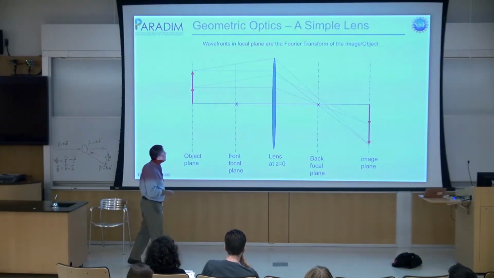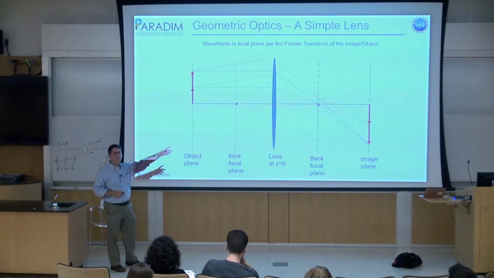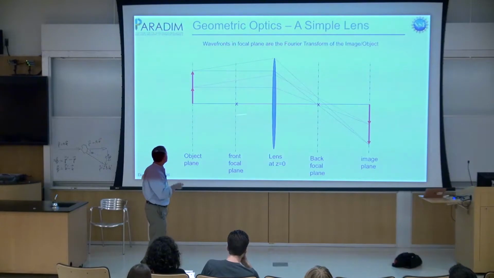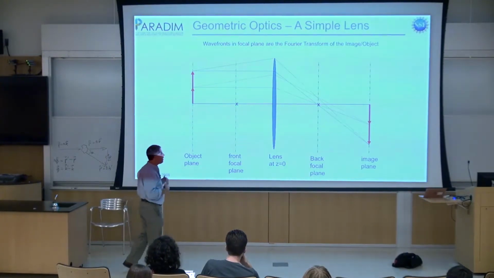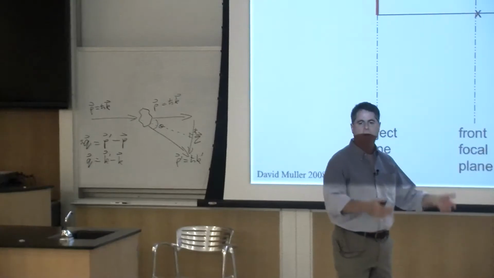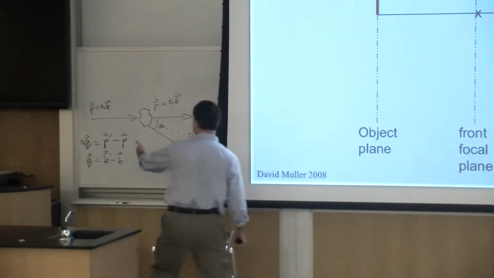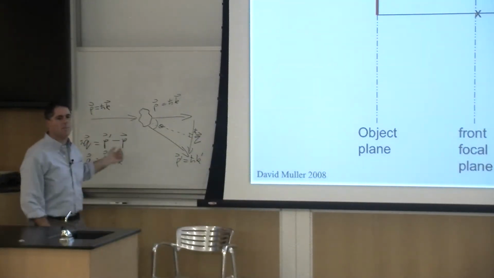You know that when I go from time to frequency, I did a Fourier transform. When I go from real space to the back focal plane, I have done a Fourier transform. I'm in reciprocal space because I'm in inverse angstroms, and that's the wave number space, and put an h bar in front of that, it's momentum space.